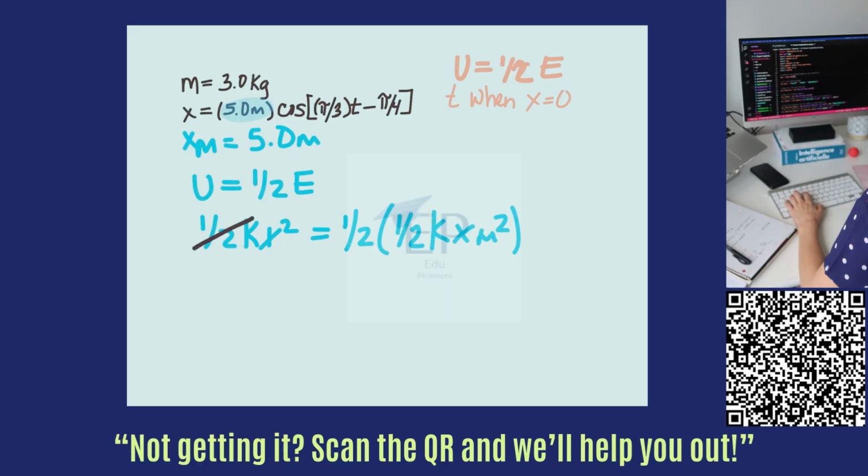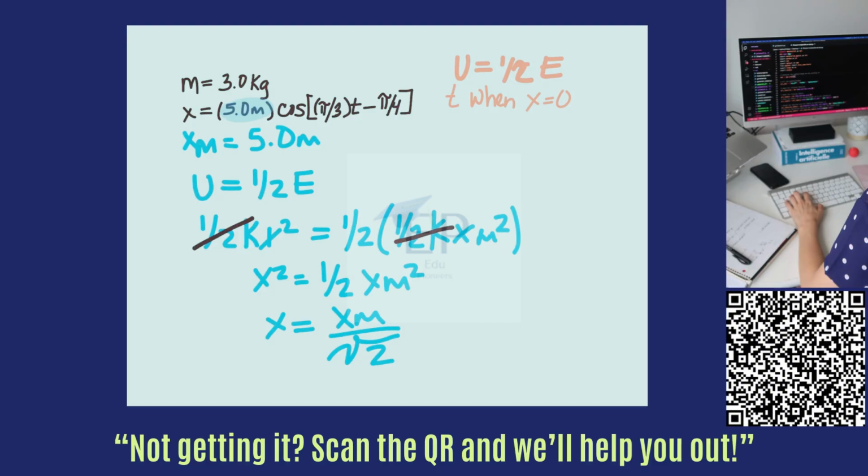First, our 1/2 k ends up dividing out, which gives us x squared equals 1/2 xm squared. Then we take the square root of that, which gives us x equals xm divided by the square root of 2.